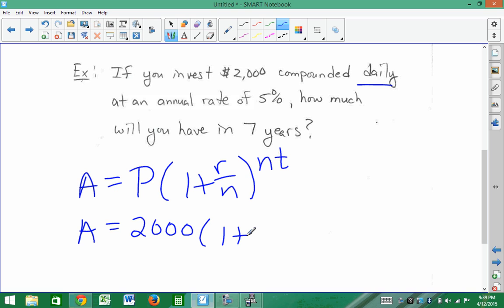1 plus our rate is 5%. Again, we're going to put that into a decimal. 5% in the form of a decimal is 0.05.